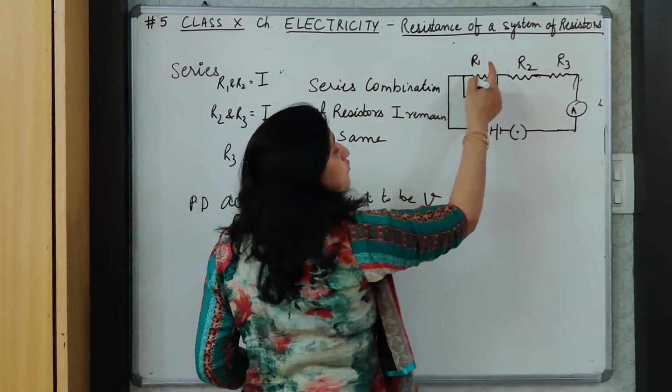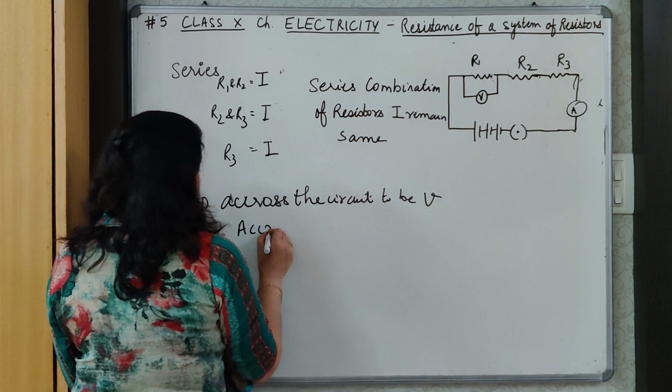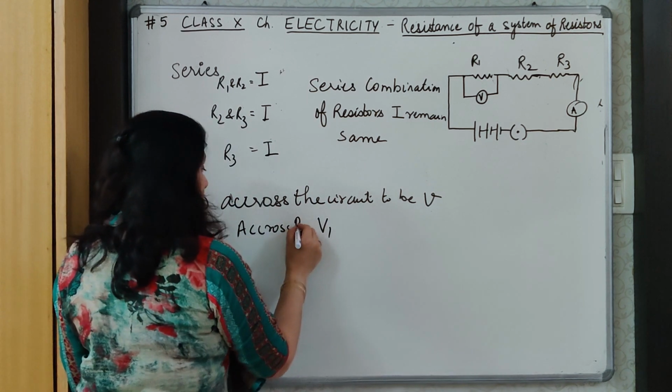We know that a voltmeter is connected in parallel, and across R1 let us observe that the potential difference is V1.